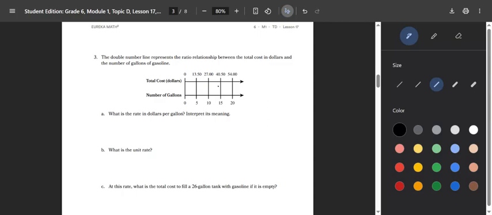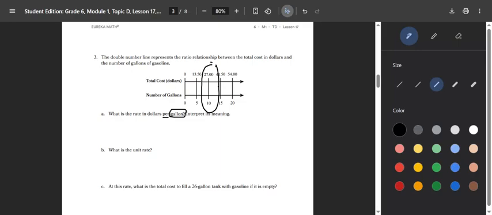Behind the word per is gallon. So what I want to be 1 is the number of gallons, so I'm going to put the number of gallons in the denominator. You can use any ratio or rate on the table. I'm going to use $27 for 10 gallons of gas because I can divide by 10 in my head.